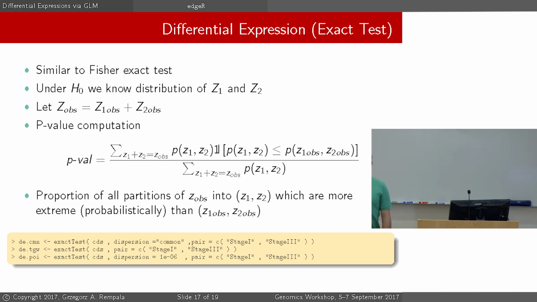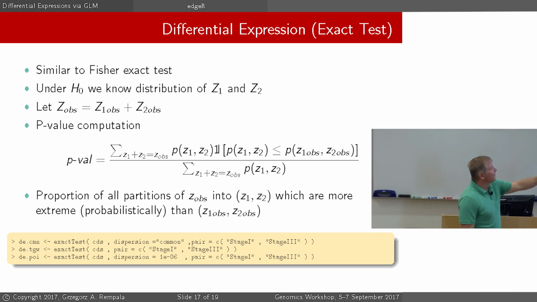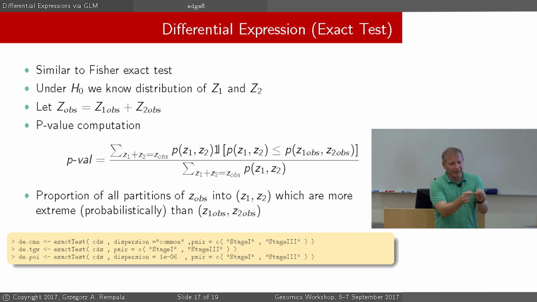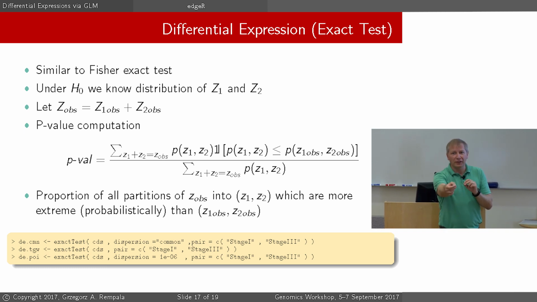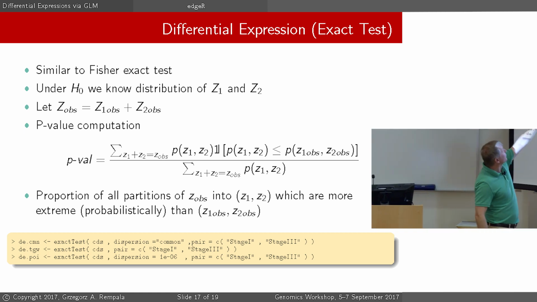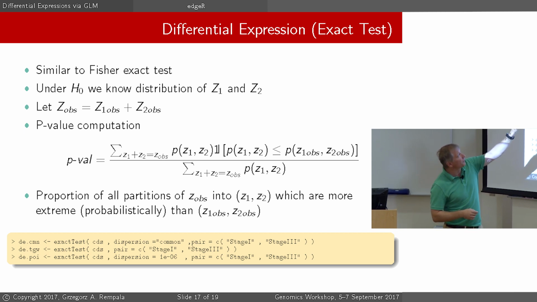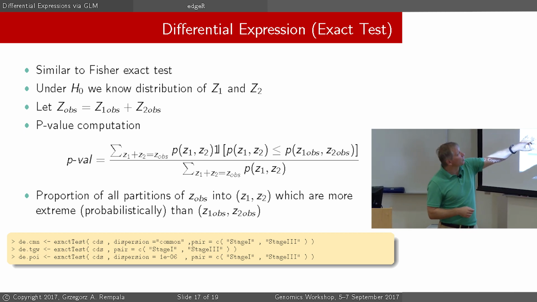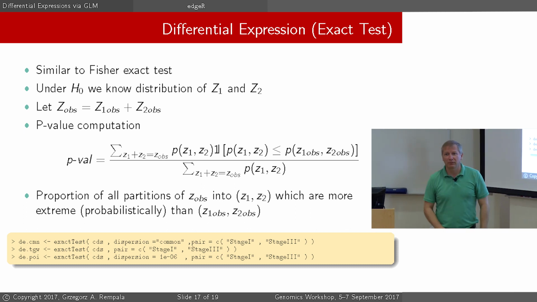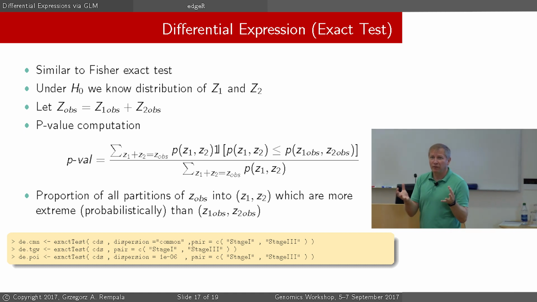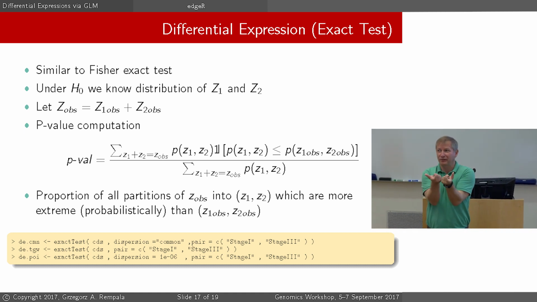So it basically means that I am taking this on the line, Z1 plus Z2 is equal to the observed value. So, right, this Z observed is Z1 plus Z2. And then I'm taking all possible ways in which I can split up these counts in the first and in the second group in such a way that my p-value is more extreme than the one that I have observed. So it's basically a way of defining a new p-value based on these two observed counts, Z1 and Z2.